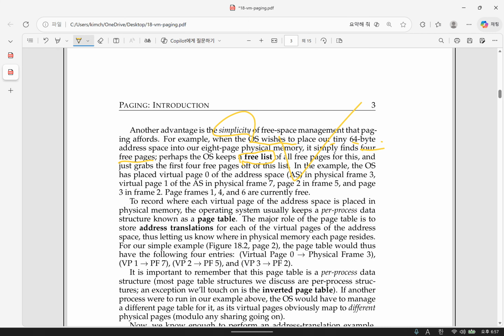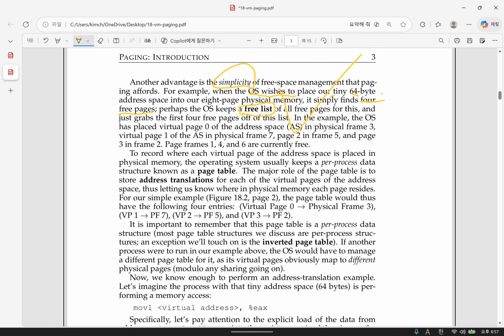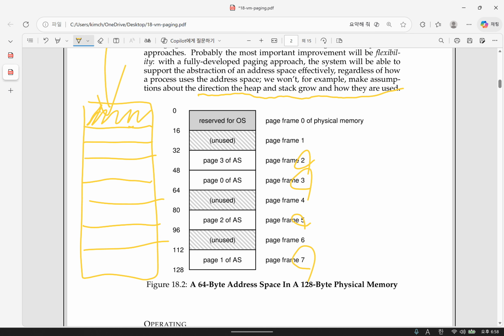So to record where each virtual page of the address space is placed in physical memory, the operating system usually keeps a per-process data structure known as a page table. So the page table, this is important, is kept per process. So it's kept per process address space.